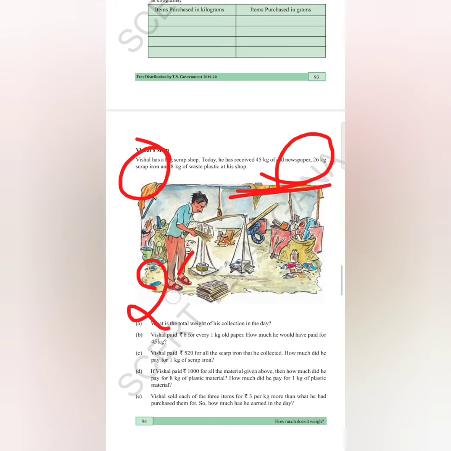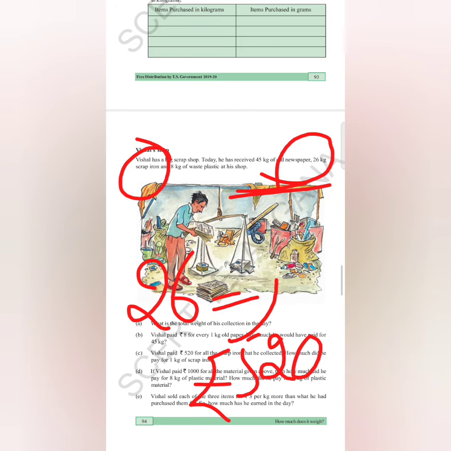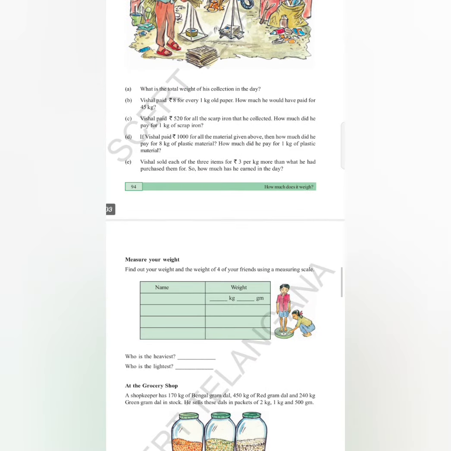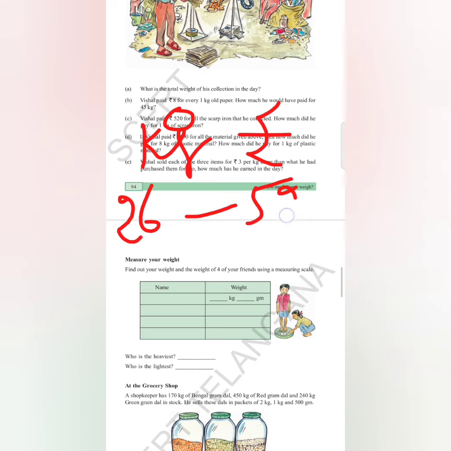For 26 kgs he is paying rupees 520. So remember it. For 26 kgs rupees 520 is given. Okay now.